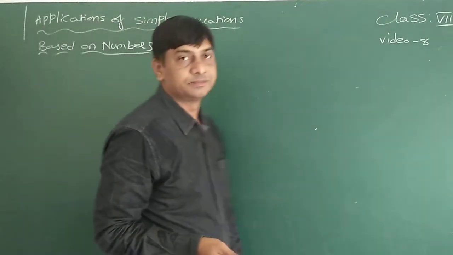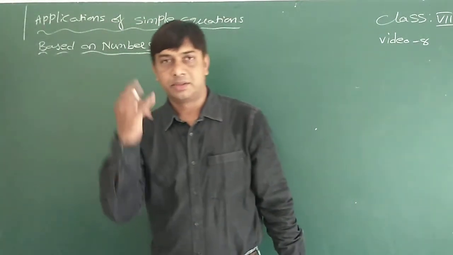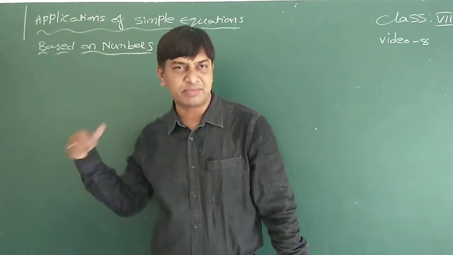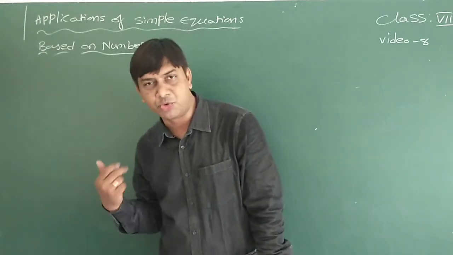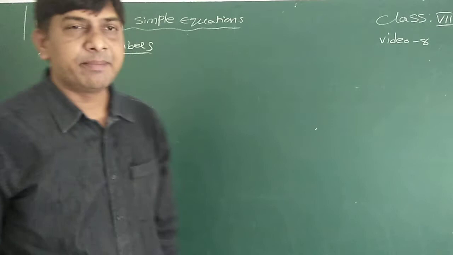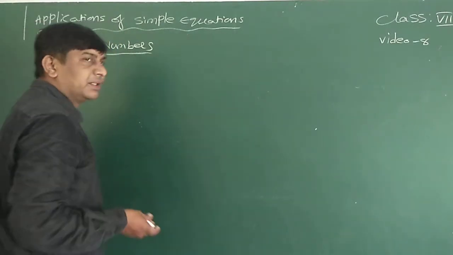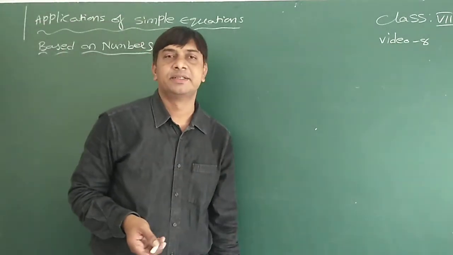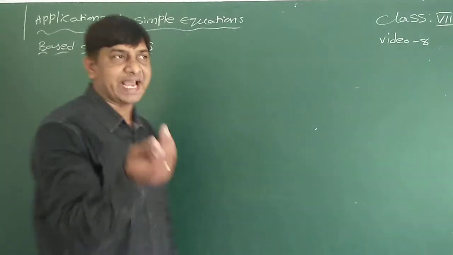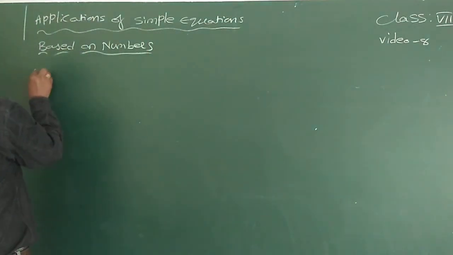Next question. Addition completed, subtraction completed, multiplication completed. Now division. If a number is divided by 11, then the result is 5. Find the number.